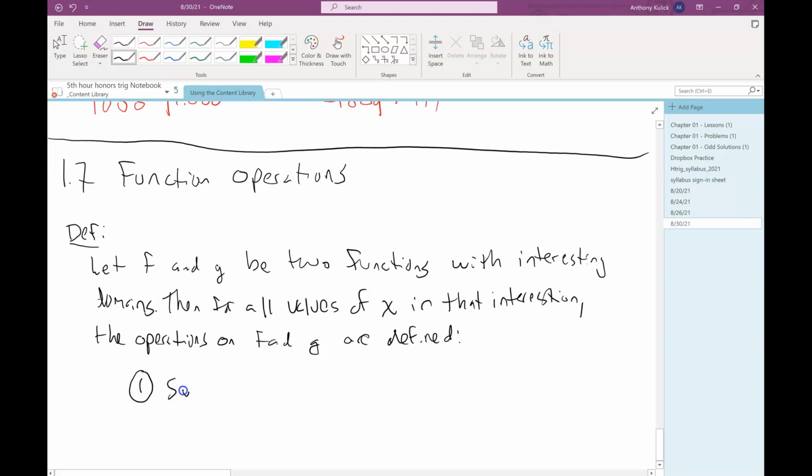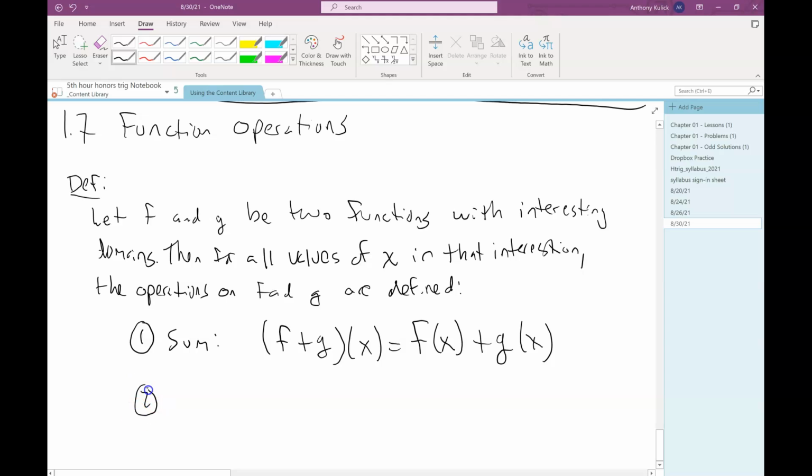Got the sum operation that says the function f plus g of x. Well, that's easy to evaluate. We're just going to do f at the value x plus g at the value x. It's going to give us the same thing. And difference: f minus g evaluated at x is just f of x minus g of x.